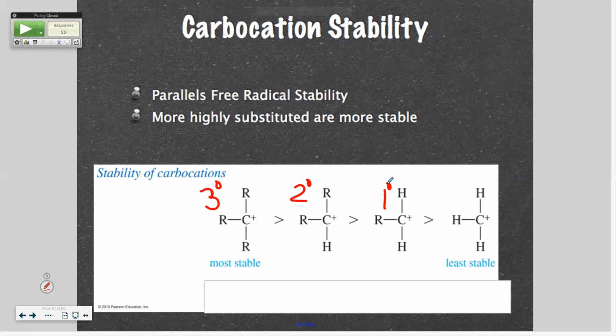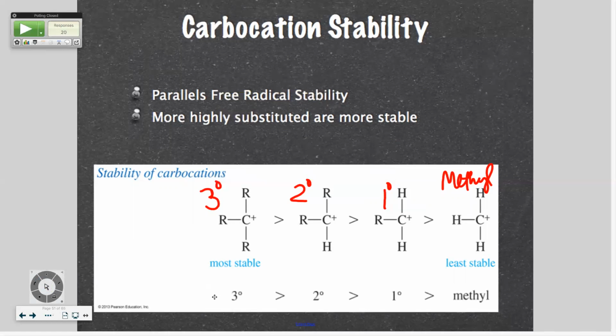What if you don't have any? That's right. It's a methyl. It's just a methyl carbocation is what we call it. Okay. So notice the tertiary is more stable than the secondary, than the primary, than the methyl, which is the same as free radicals. The same as free radicals.